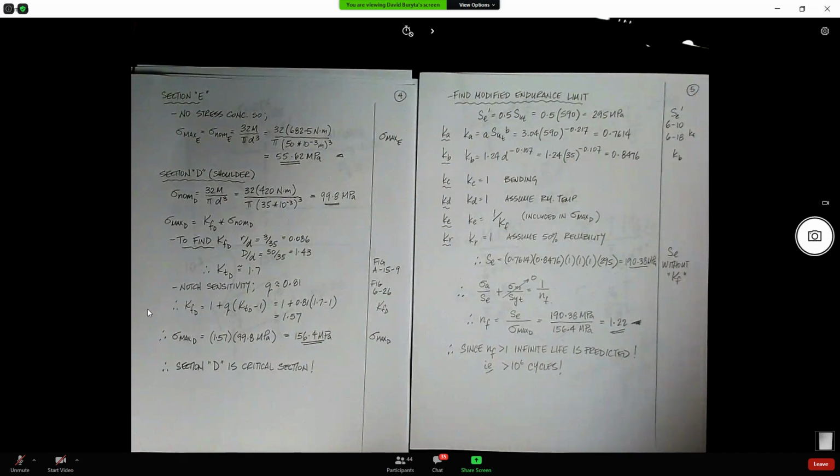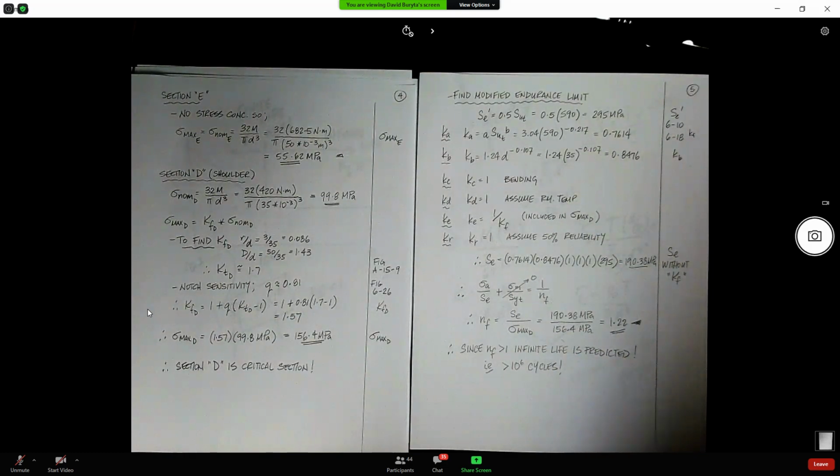Yeah, I'm still confused with that formula over there, the n_f equals S_e over the max.